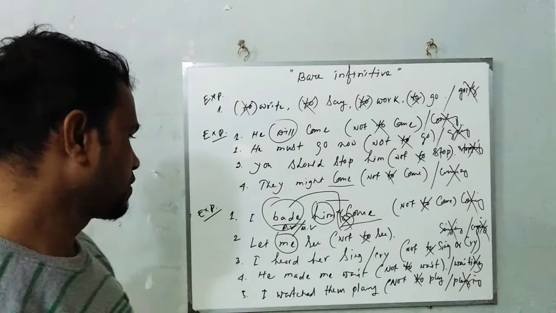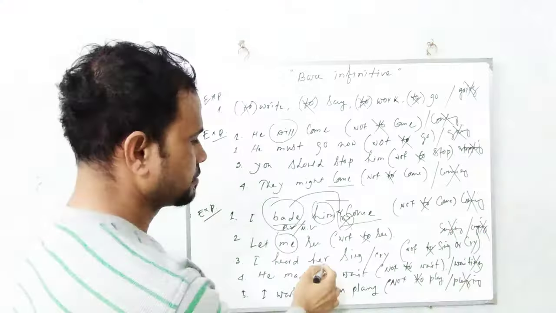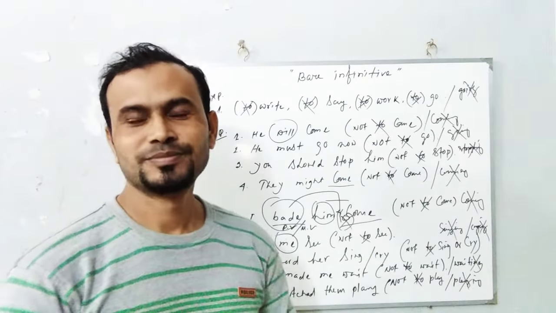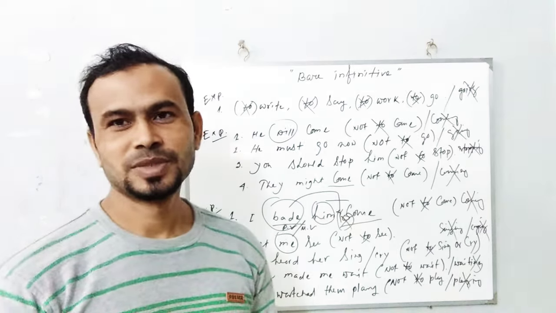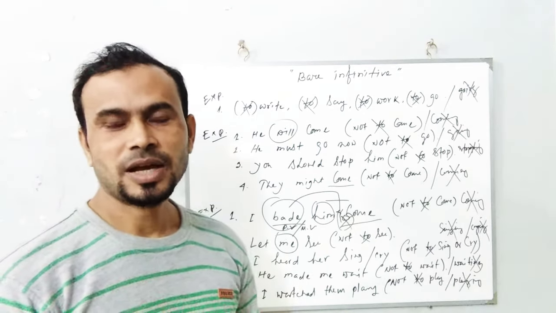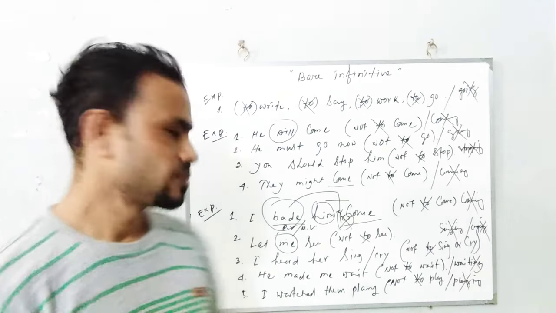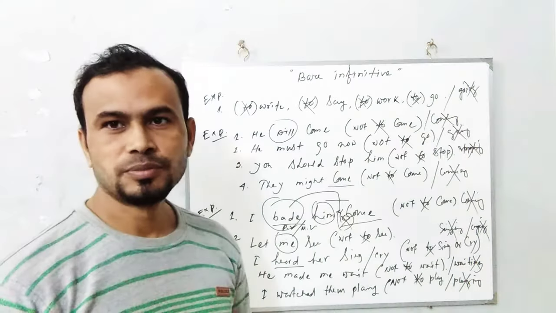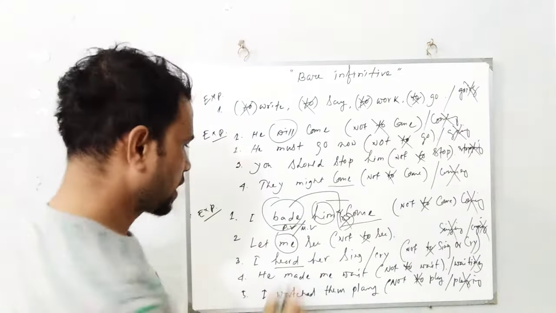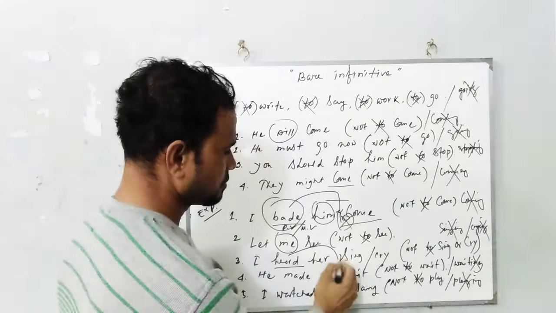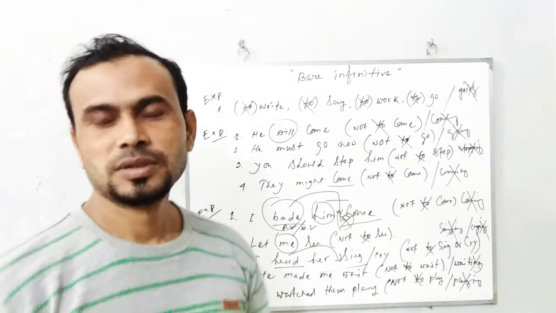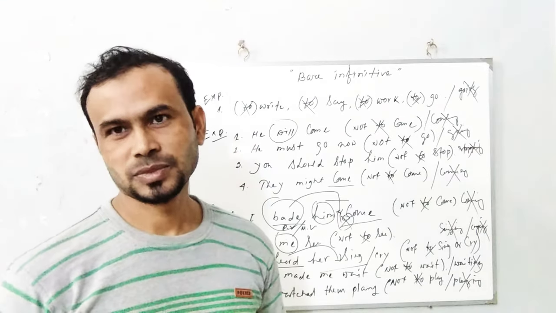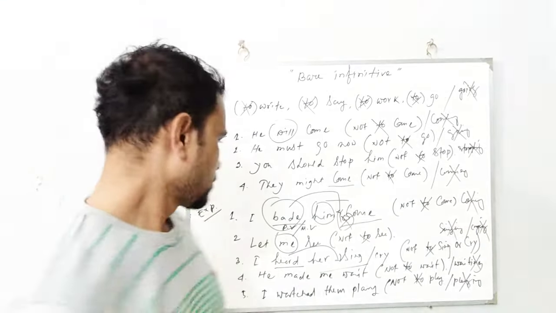Or we can also say, I heard her cry, not "to cry", just cry. Here also, heard is a main verb, a principal verb, and after that the verb should be a bare infinitive.